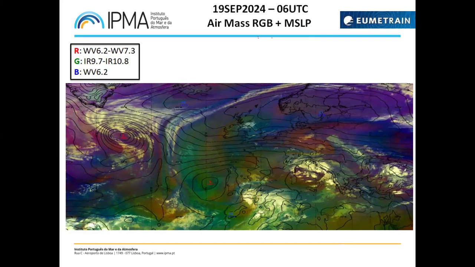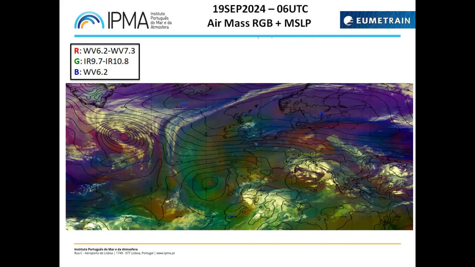The high over low is dominating Europe, and we can see the warmer air mass, the greenish colors over the southern part of Europe, and the colder air mass, the bluish colors, going north over the Northwest Atlantic, and also in the northeast part, the eastern part of the high pressure.